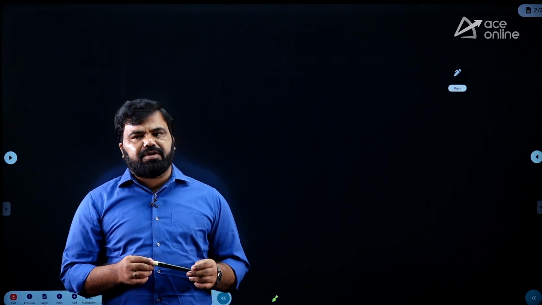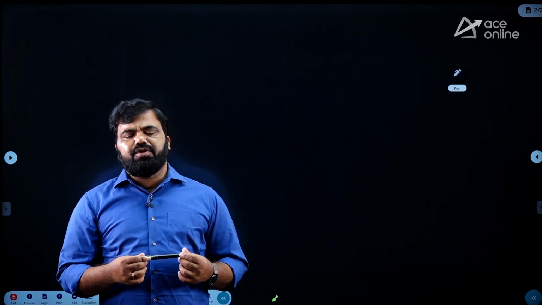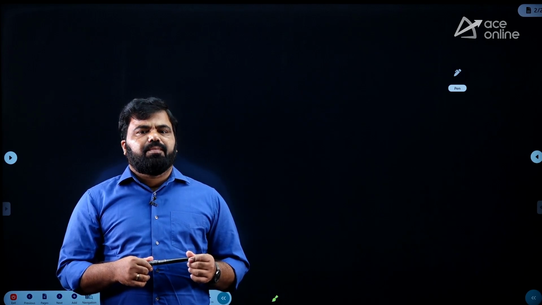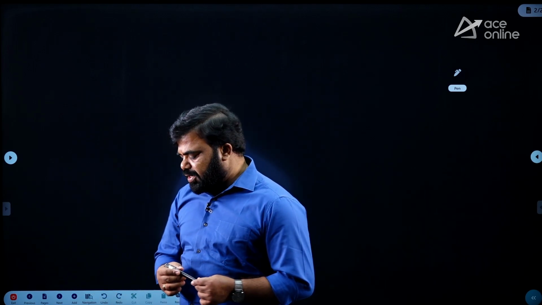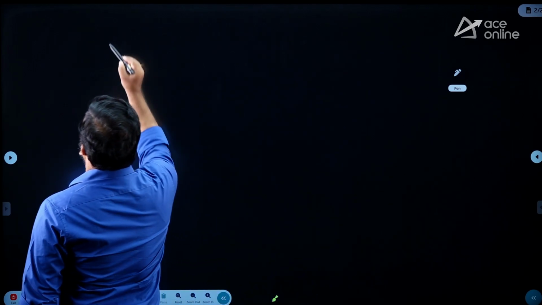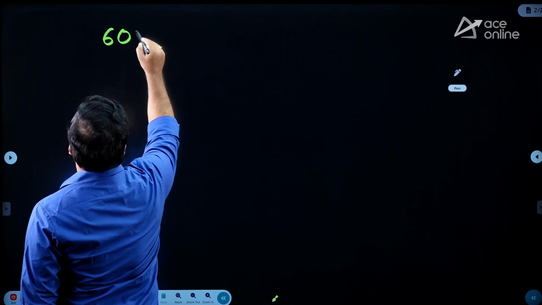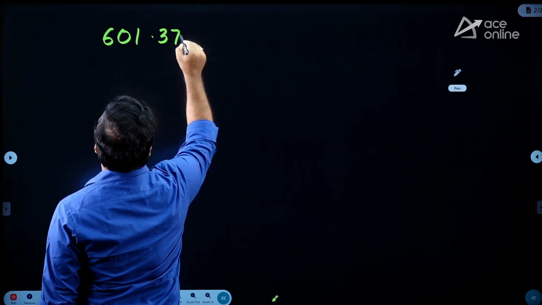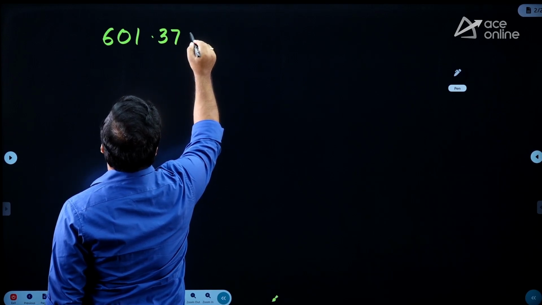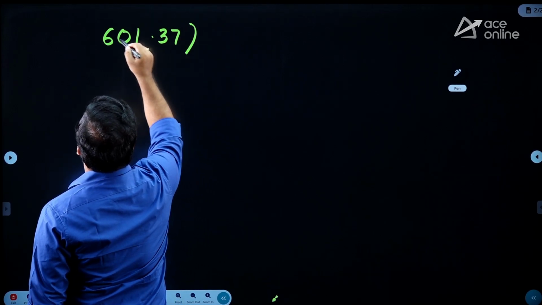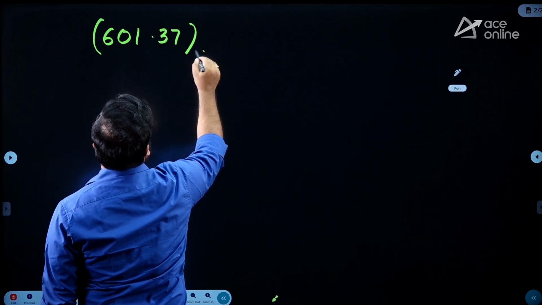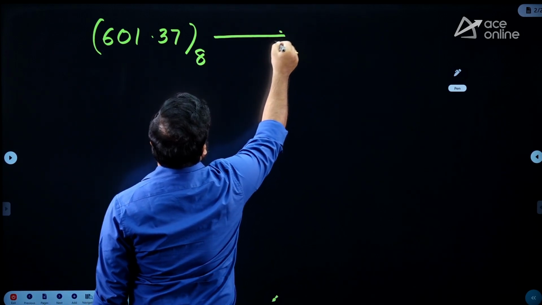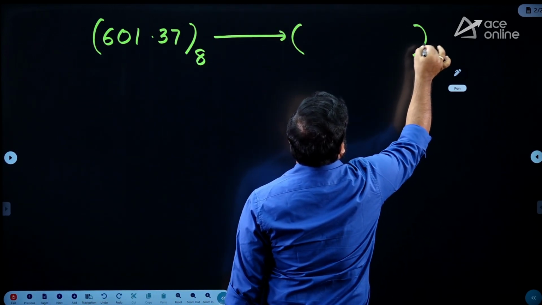That's what we do when converting from b to b power n. If I say, a simple example, is a given octal number, I want to convert it into hexadecimal.